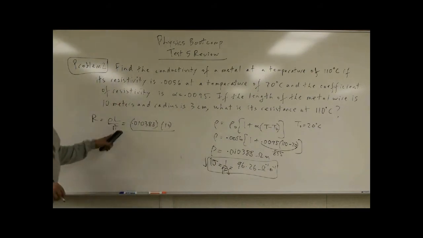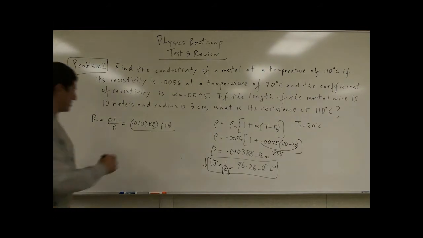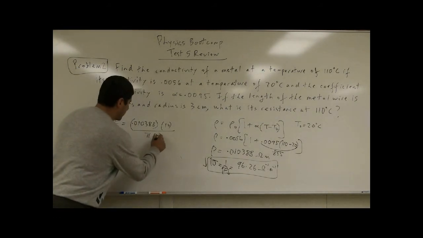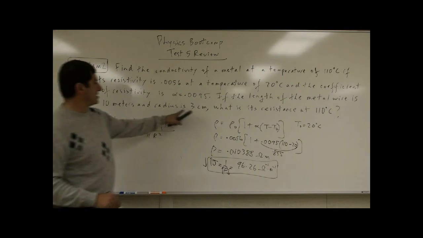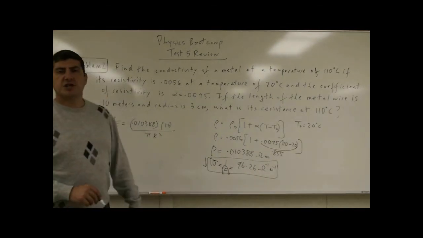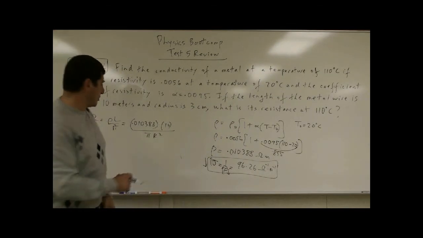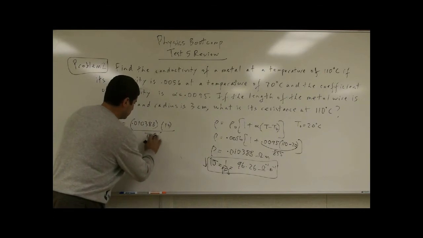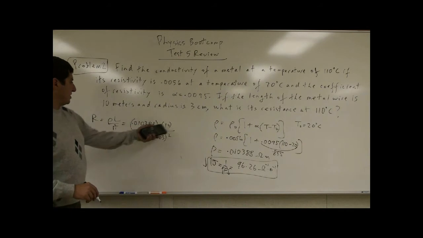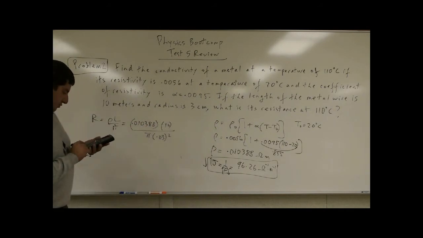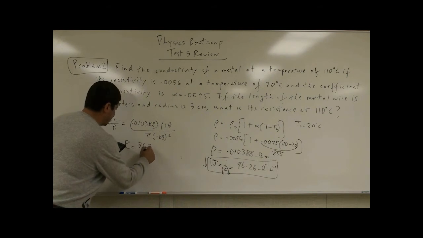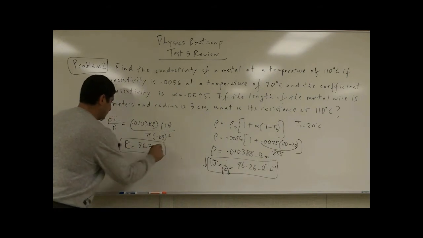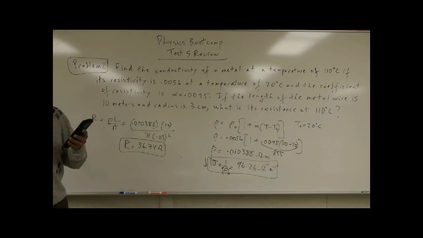Divided by the area of the cross-section, which is pi r squared. So in this case, what's the radius? 3 centimeters. Change that to meters, it'll give you 0.03, 0.03 squared. So the resistivity times the length over pi r squared gives 36.74 ohms. The resistance of the wire is 36 ohms.